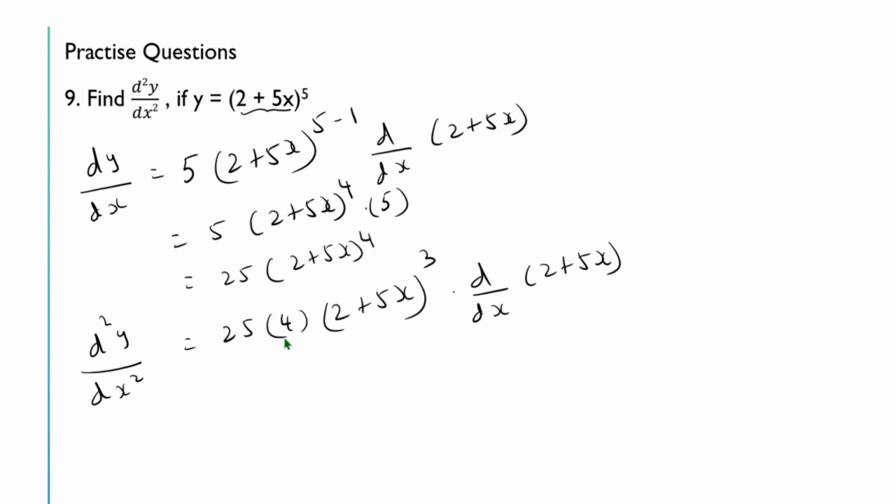So we get 4 into (2 plus 5x) the whole cube into d by dx of this function. So this is equal to 100 into (2 plus 5x) the whole cube into d by dx of 2 plus 5x, which is 0 plus 5. So it is 5. So this is equal to 500 into (2 plus 5x) the whole cube.